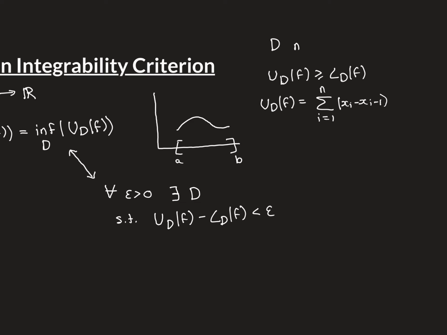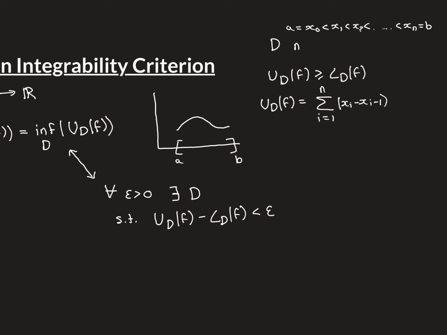The dissection, if we write it out formally, will be x0, which is equal to a, which is strictly less than x1, which is strictly less than x2, which is strictly less than ... all the way up to xn, which is equal to b. These are the cuts that you've made in this interval [a, b]. So x0 and xn are the endpoints, and all the points in between, x1 to x(n-1), are cuts that you've made in this interval to dissect it, and that's what the dissection is.